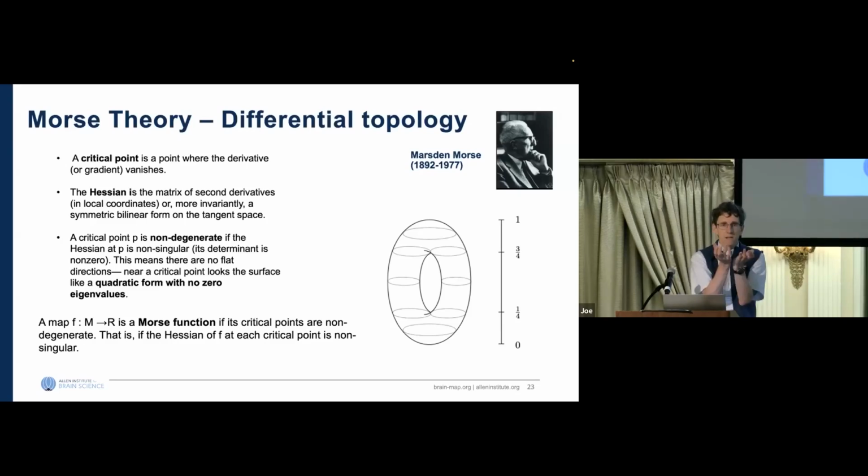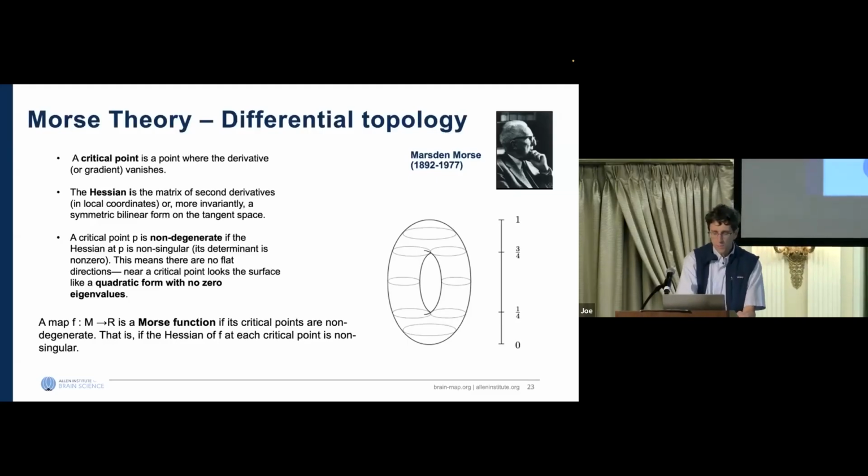No matter how curvy something is, just picture a crazy shape in 3D, if it has sufficient smoothness, then around the critical points, where it achieves local maxima, local minima, or saddles, I can fit little quadratic forms, little paraboloids or hyperboloids, to model the local behavior there.